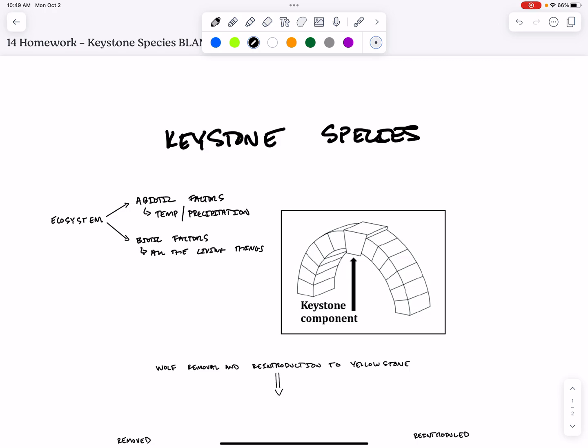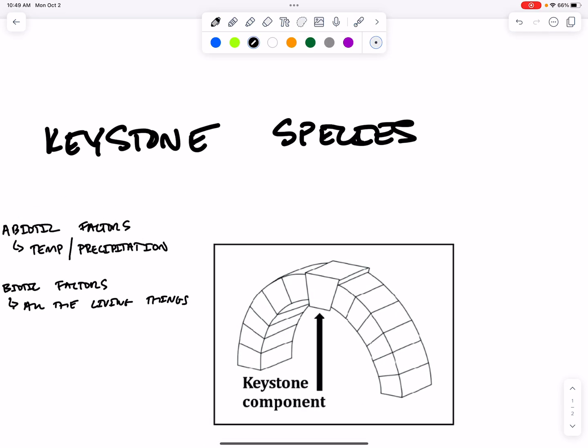And a keystone species is a really important species in an ecosystem. So if we come up with a list of characteristics of a keystone species, it's a species on which other species largely depend.